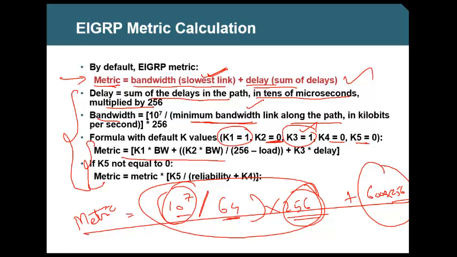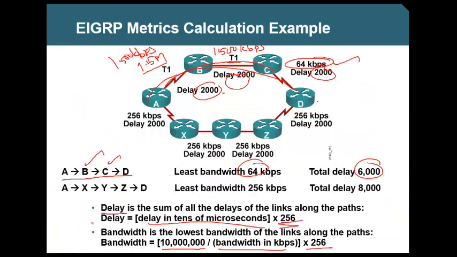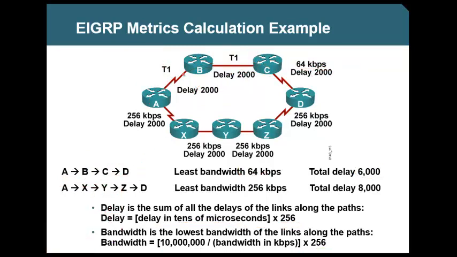Example here. If we are going via B, the slowest link bandwidth is this. Sum of delay is 2000 plus 2000 plus 2000 is 6000. If you go via XY, all the links are same, so 256 plus 8000.